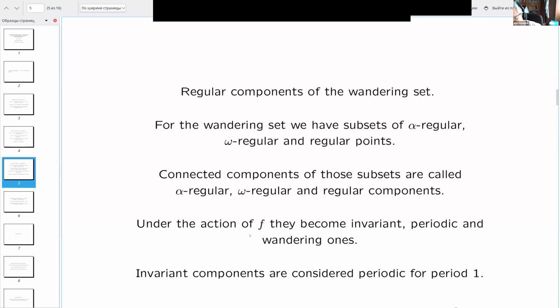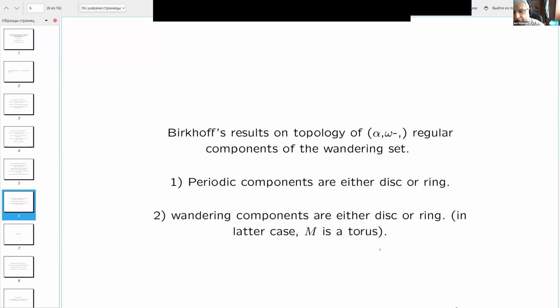Under the action of f, they will be either invariant, meaning f of that component is the same component; periodic, meaning it returns into itself; or wandering, meaning under the action of f it never returns. And Birkhoff proved that the topology of a periodic component is the following: they can be either a disk or a ring. Wandering components are also either disks or rings, but if we have a ring, that is a special case for a torus.